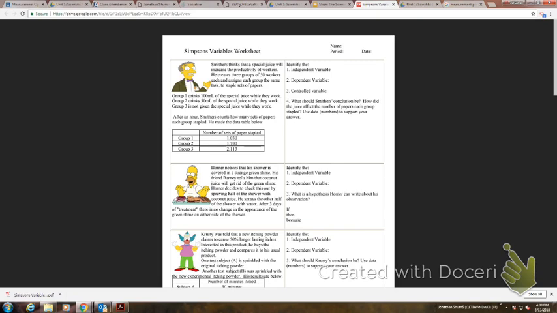All right, so if we look at this, Smithers is the person in charge of the experiment. And what does he change? Well, the independent variable is what I change, I being the experimenter. Well, he changes whether they get special juice or not, right? So the amount of special juice.